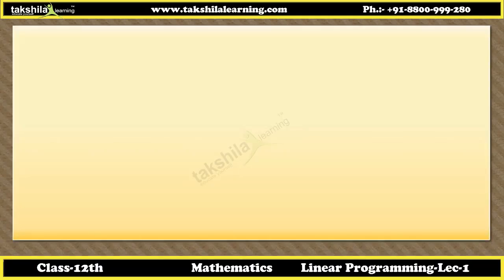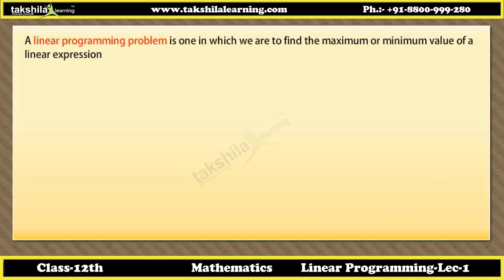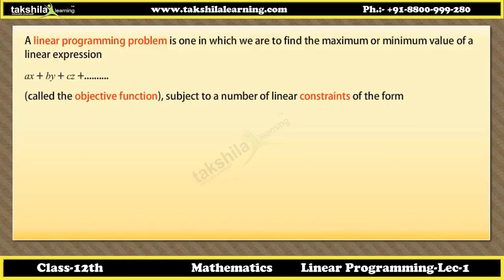Linear programming problem, LPP. A linear programming problem is one in which we are to find the maximum or minimum value of a linear expression, ax plus by plus cz plus and so on, called the objective function, subject to a number of linear constraints of the form ax plus by plus cz plus and so on less than or equal to n, or ax plus by plus cz plus and so on greater than or equal to n.